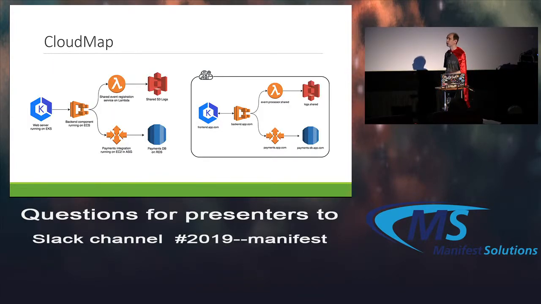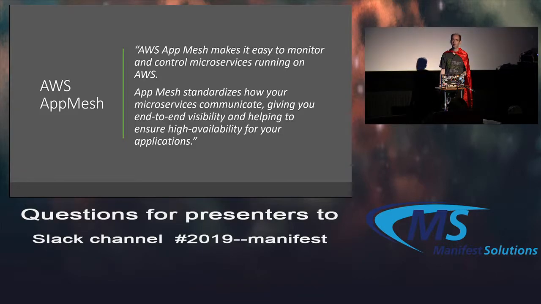In this rather contrived example that they give, you've got a whole bunch of different services using CloudMap. You've got EKS calling ECS, calling Lambda, calling S3, and there's some EC2 auto-scaling groups in there. And this is really just to illustrate that all those different things can go into CloudMap, and the way they're named on the right is using different namespaces. Now, where I think this really gets interesting is when we start talking about meshes.